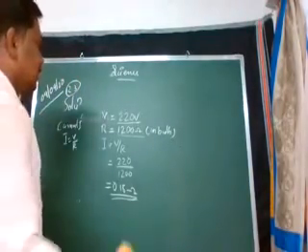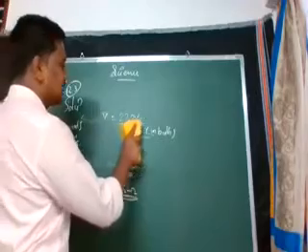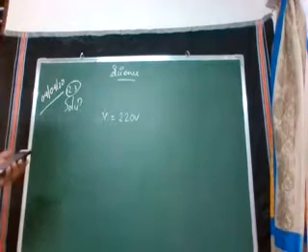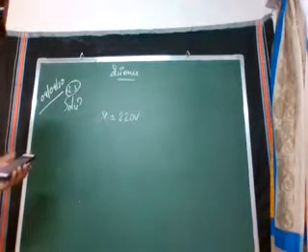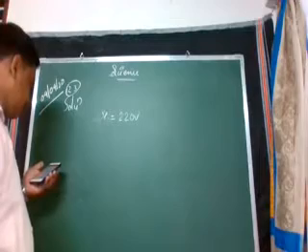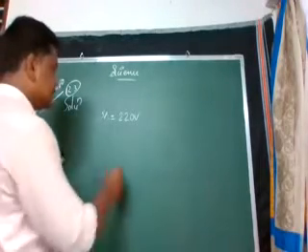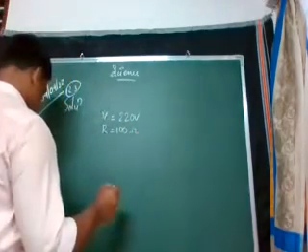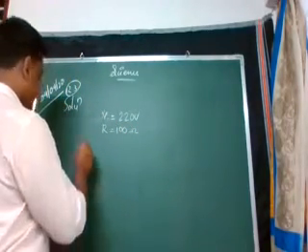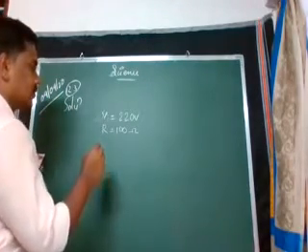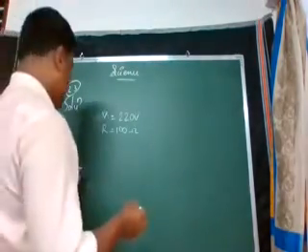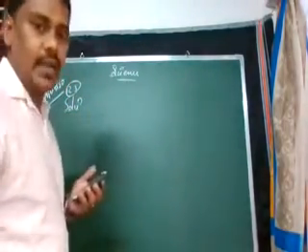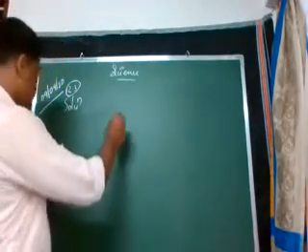In the second case, the potential difference V is the same, and the resistance R is 100 ohm. Once again I'll do the last one.